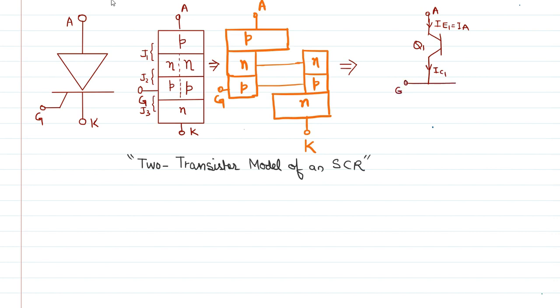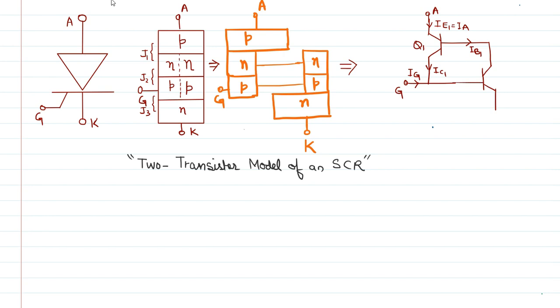Over here, this terminal represents the gate. The current entering from this terminal is IG, that is the gate current. Then this terminal represents the base current of transistor Q1, represented by IB1, and further, the lower half is an NPN transistor.